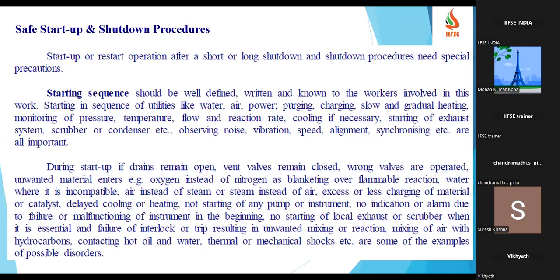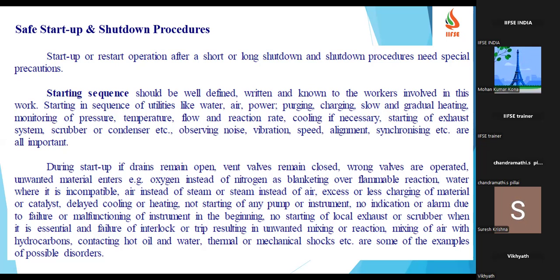And water, where it is incompatible, and air instead of steam or steam instead of air, or excess or less charging of the material or catalyst, and delayed cooling or heating, not starting any pump or instrument, no indication or alarm due to failure or malfunctioning of instrument in the beginning, no starting of local exhaust or scrubber when it is essential, and failure of interlock or trip resulting in unwanted mixing or reaction, mixing of air with hydrocarbons, and contacting hot oil and water, thermal or mechanical shocks, etc.